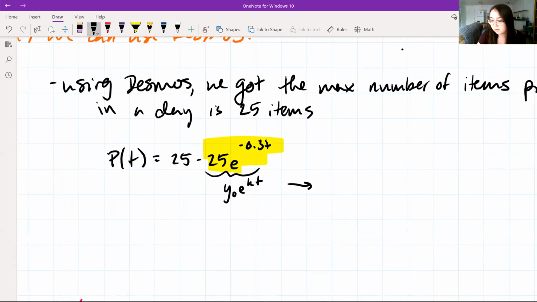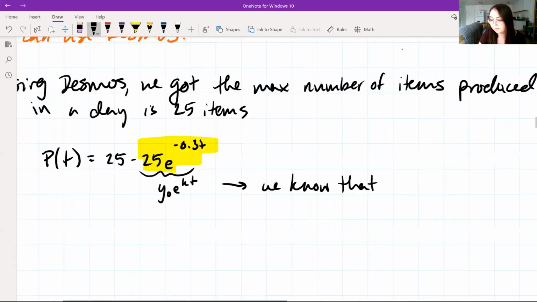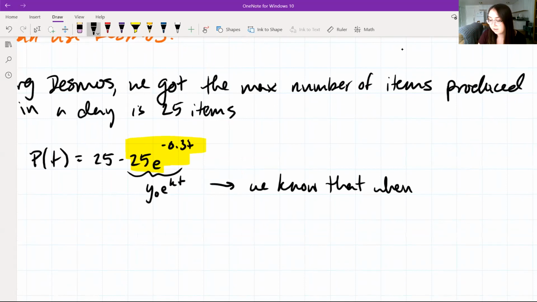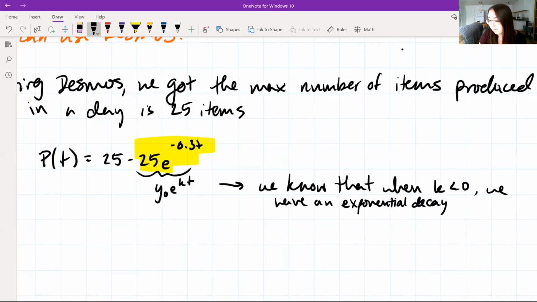And we know that in this version of our exponential growth function, when k is less than 0, we have an exponential decay function.